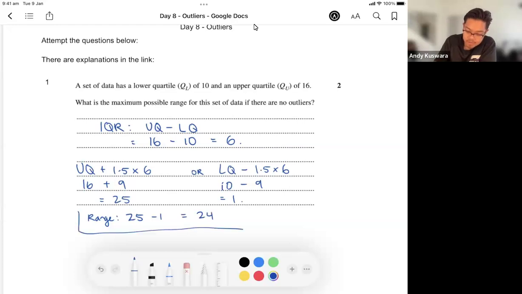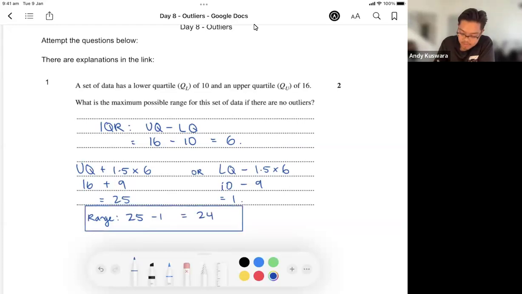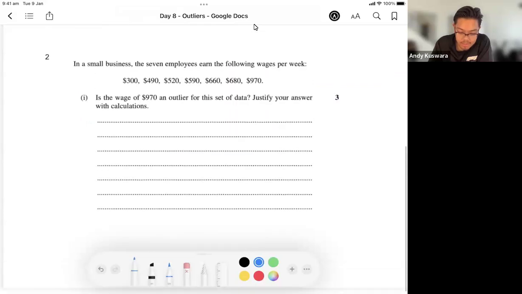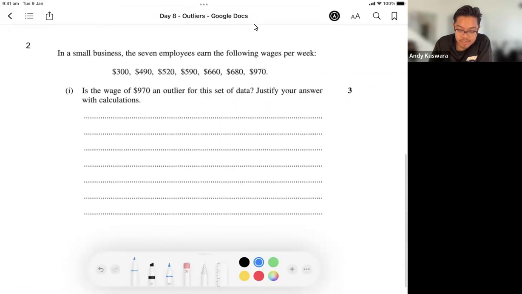Now I would put all of this in your working solutions so they can see you understand that the highest score without being an outlier would be 25, and the lowest score without being an outlier would be 1. And so your range here must be 24. Okay, that would be how you calculate an outlier.